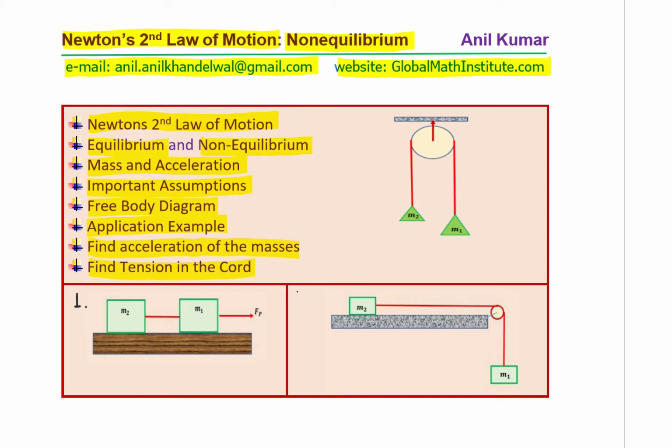In the second case, the second mass is dropped from here, and we have one mass left on the table, while the other, with the help of a pulley, is connected with a cord. The force of gravity acts on this, and that is the external force. Now, this external force makes the system non-equilibrium.